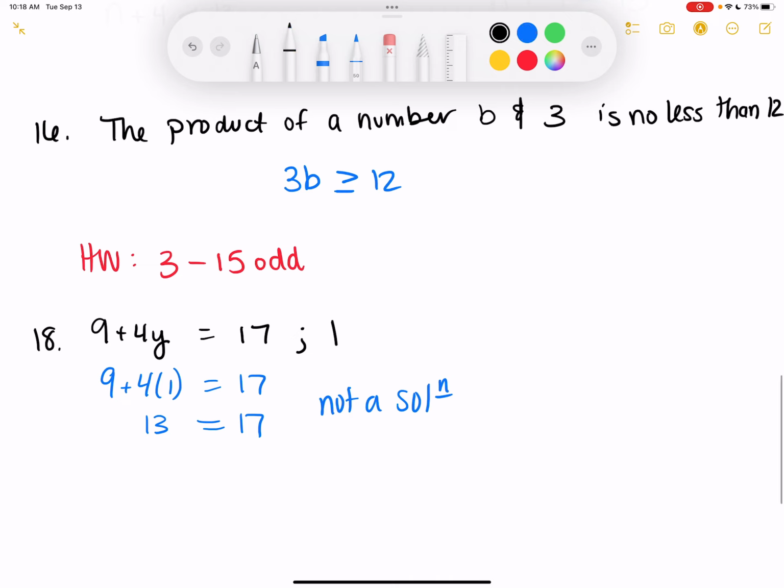Let's look at 20. K over 5 plus 9 equals 11, and they want us to see if 10 is a solution.